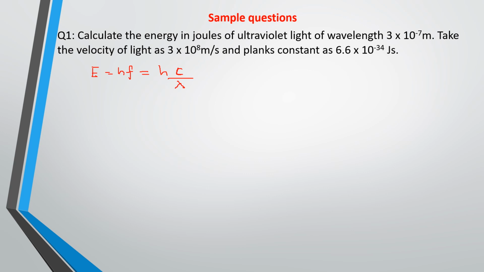So here it said calculate the energy. In this particular question, you are given a wavelength, lambda, to be 3 times 10 raised to power minus 7 meters. You are given the velocity of light. You are given Planck's constant. So substitute into this equation.